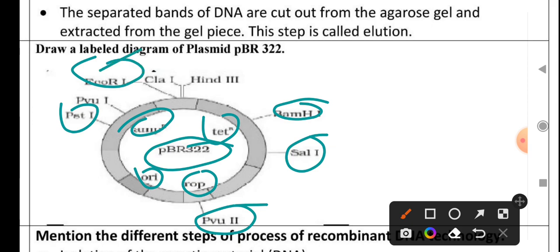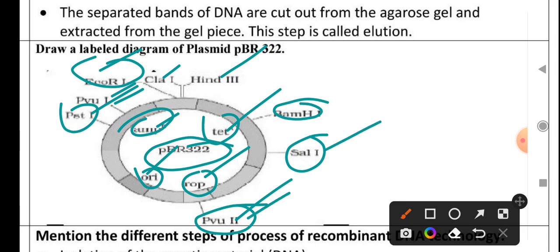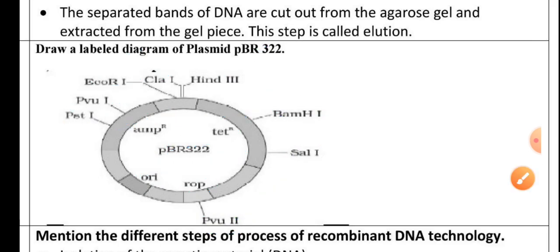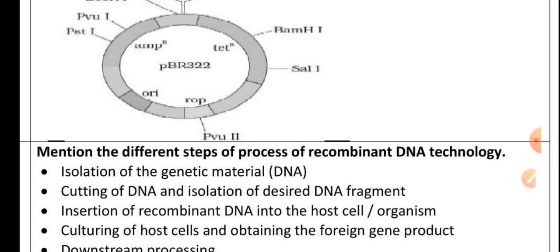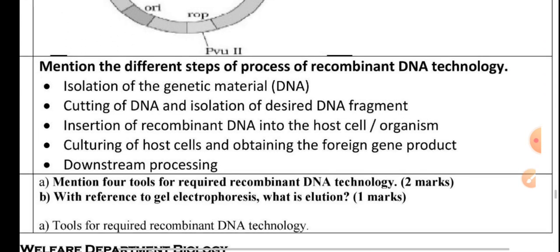E. coli, RI, ClaI, HindIII, PvuI, PstI. Then AMP, TET, ORI, ROP, PvuII. Here PvuI is there, here PvuII is there, and SalI is there. These are the code words used in plasmid pBR322. This diagram is also very important for 2 marks.